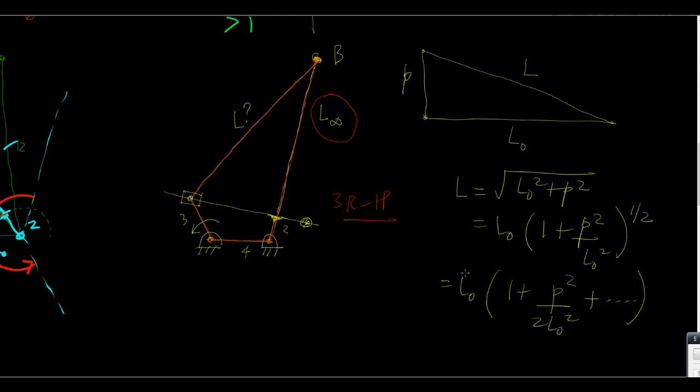And you can see that even after you multiply by this L0, this will be P square by 2 L0. If you hold P fixed and take L0 to infinity, this term will in fact go to 0.